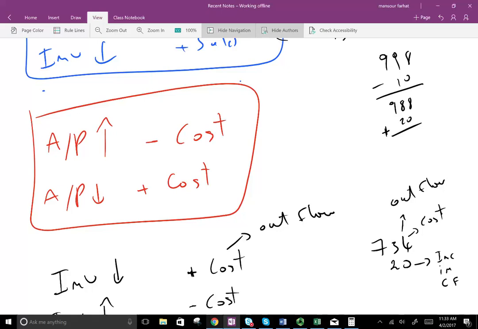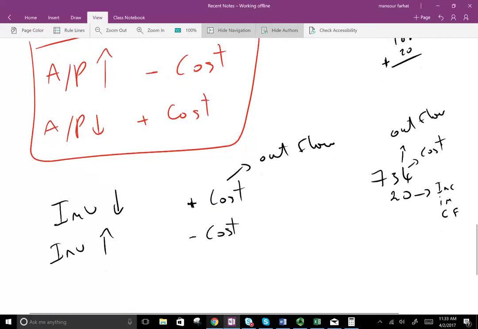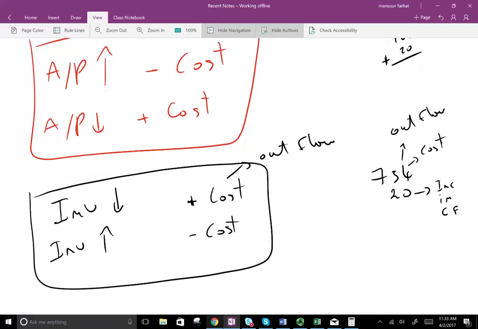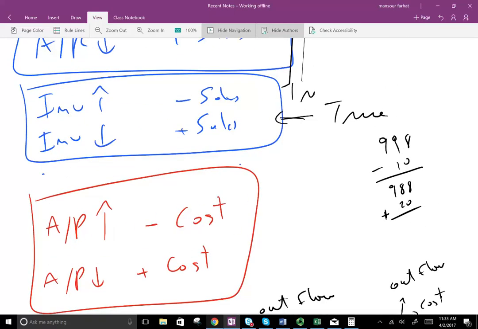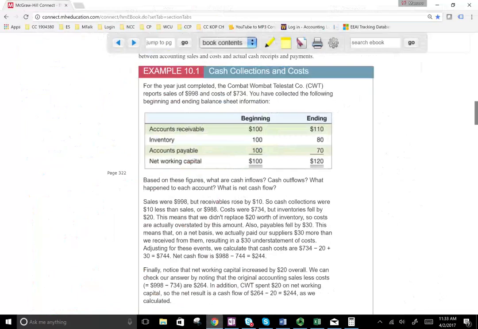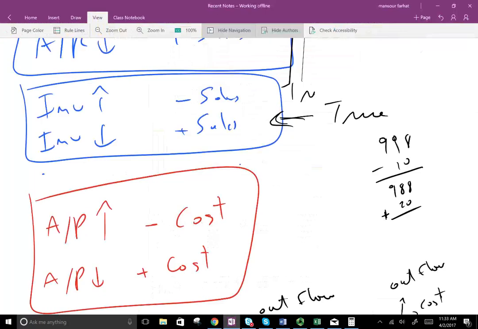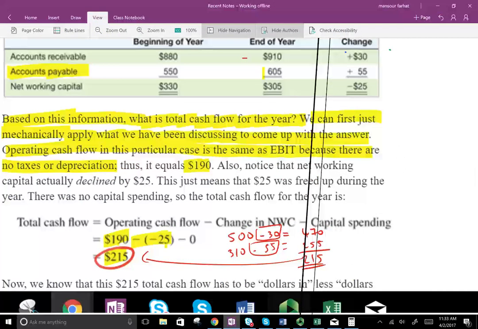So if we added $20 here, or we subtracted $20 from the outflow of cost, we will get the same answer. But since they're analyzing inventory in terms of cost, use this formula rather than the one analyzing inventory in terms of sales. So I'm glad I clarified this point.